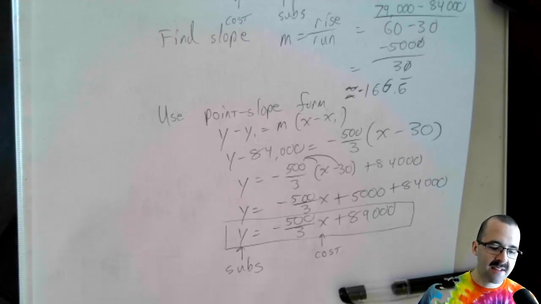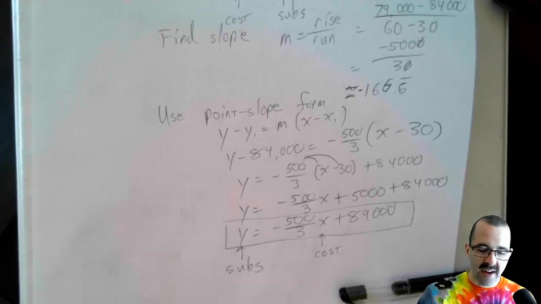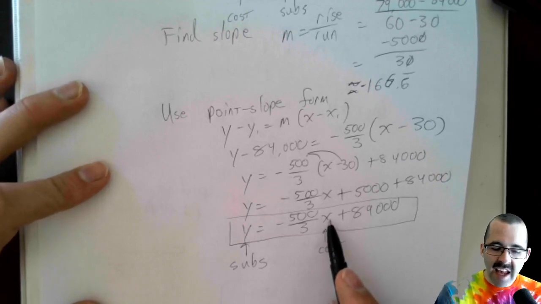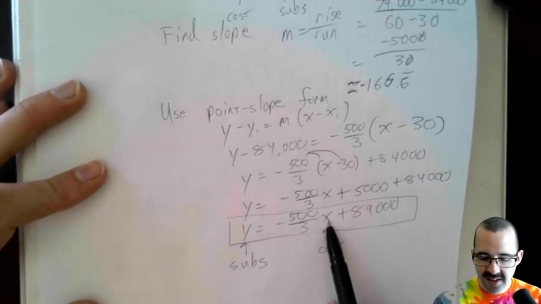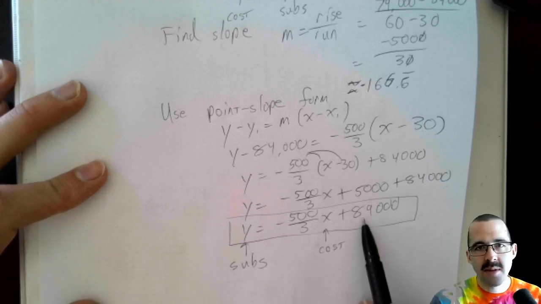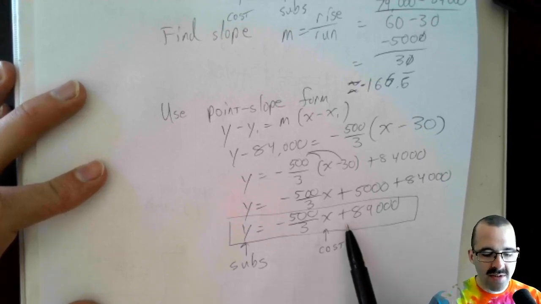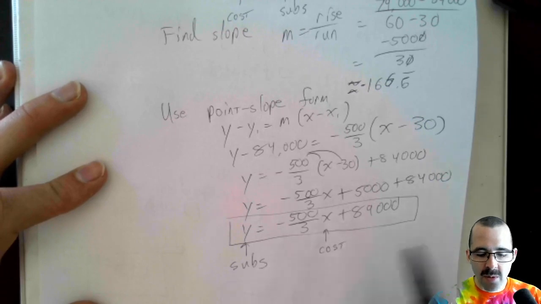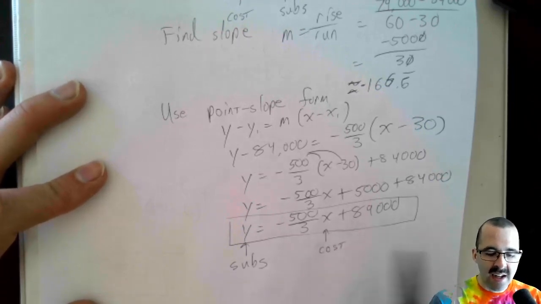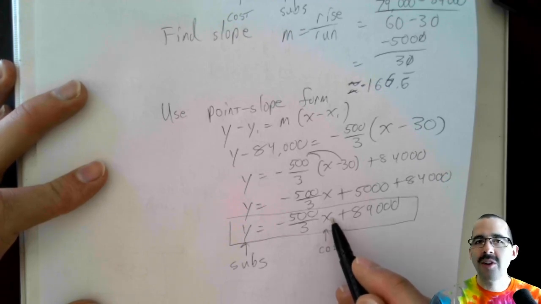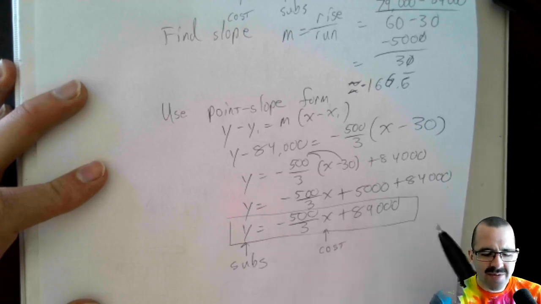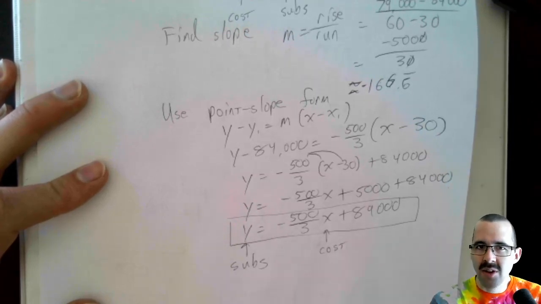For example, this says that if we literally had a free newspaper, if the cost was 0, only 89,000 people would subscribe. Maybe that's true. But you could get more ridiculous with this, right? If the cost was like negative 5,000, if you're literally paying people to take your newspaper.